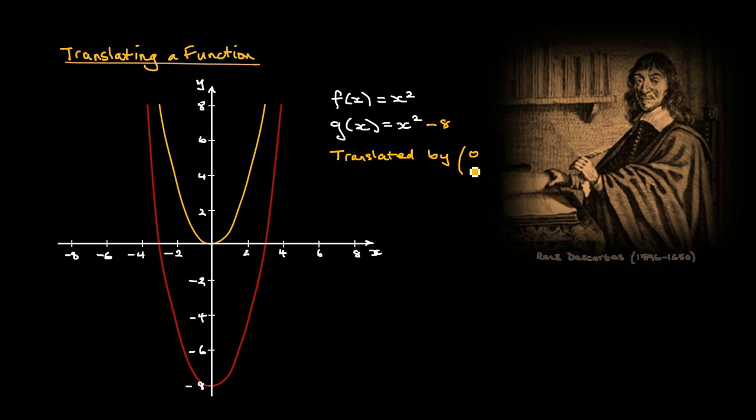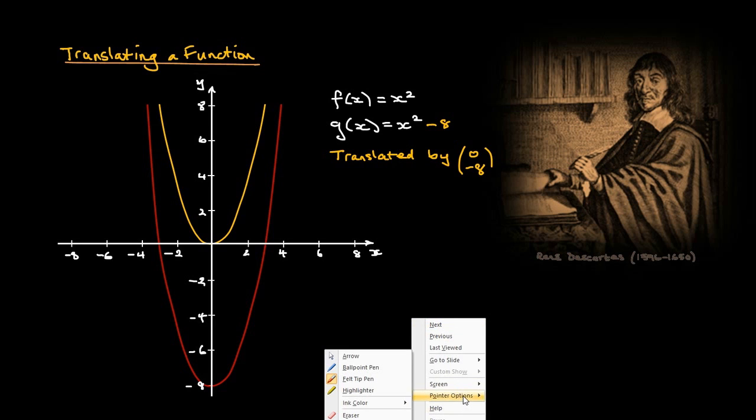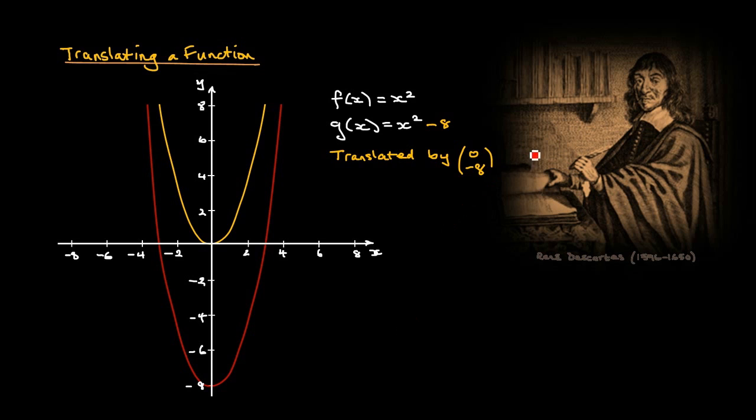And so if we were going to express this algebraically, we would just say b. So 0, b, translated by 0, b. So the general term would be 0, b.